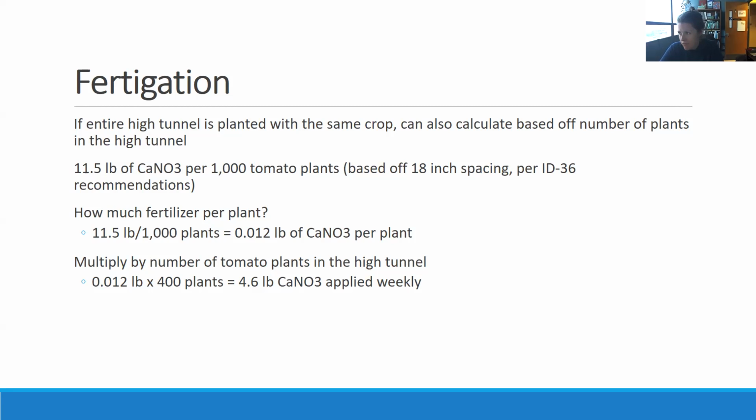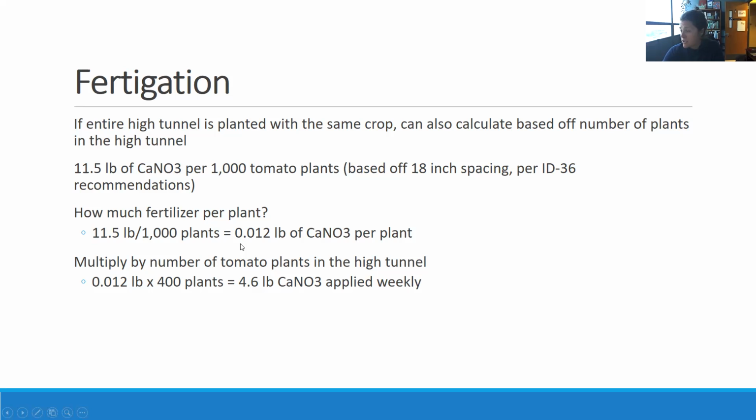There's certainly not 1,000 tomato plants that can fit in a 30 by 96 high tunnel. At least I hope no one's trying to do that. So how much fertilizer per plant? 11.5 pounds divided by 1,000 plants. So a very tiny amount, 0.012 pounds of calcium nitrate per plant.